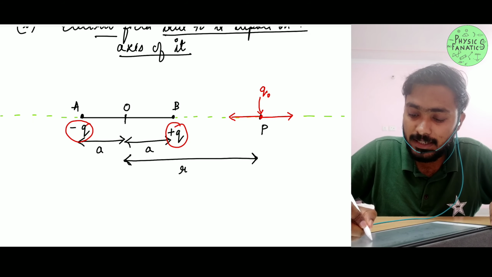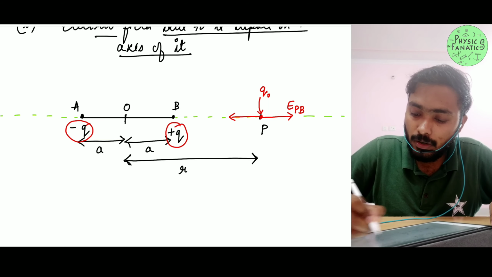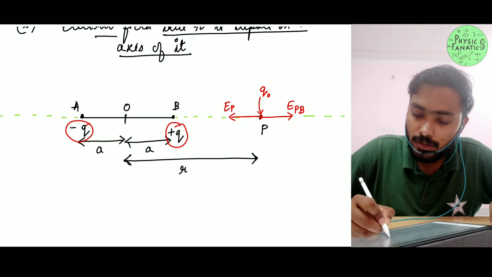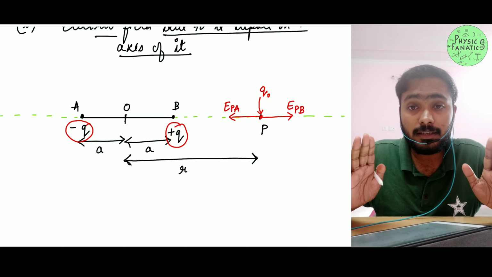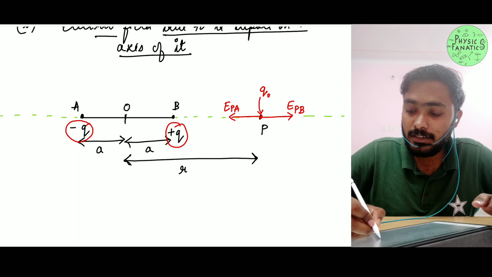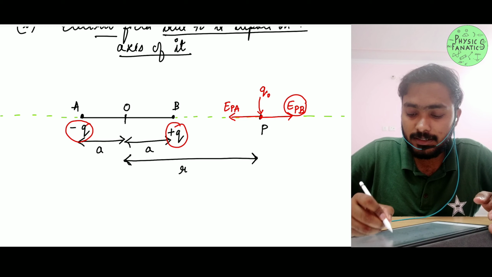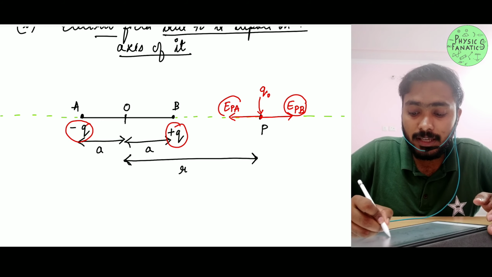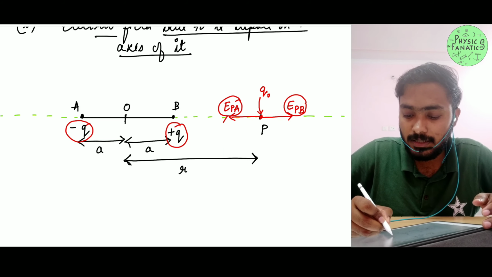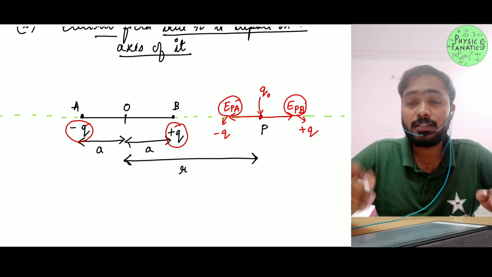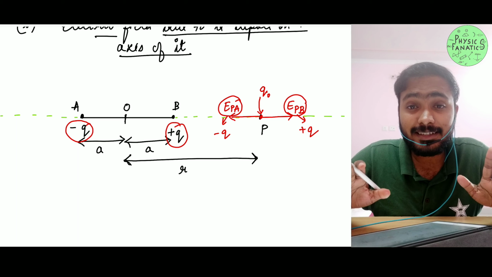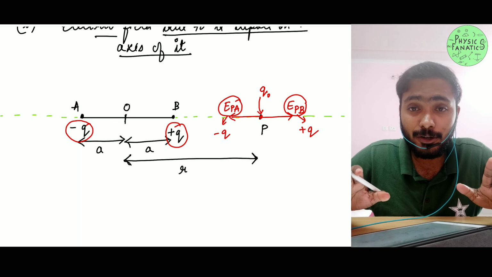So I can simply say electric field on P due to B, or electric field on P due to A. Electric field on P due to B is in this direction, and electric field on P due to A is in that direction. This is because of the minus q charge and this is because of the plus q charge. I hope this much is understandable.